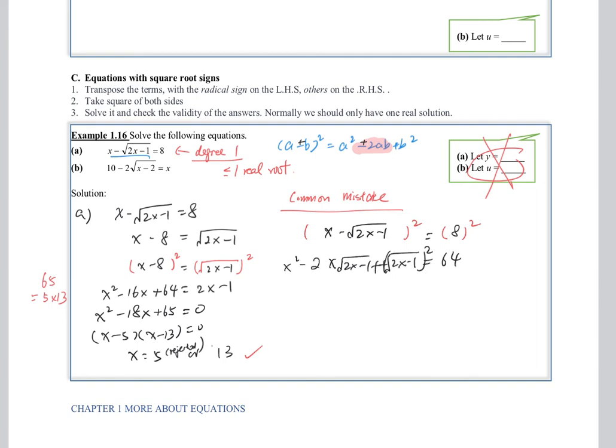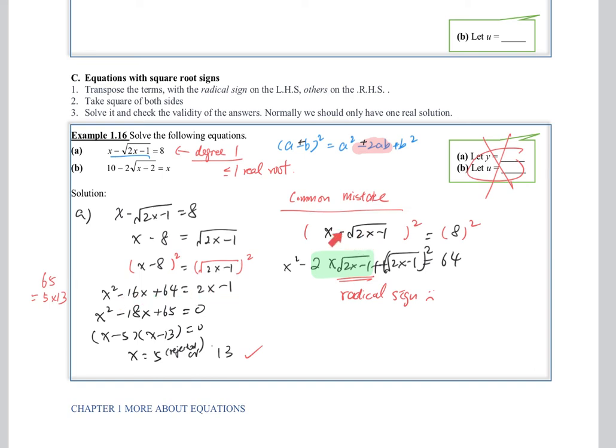So why is this method not good? You see here, we still got the square root sign. The radical sign is still here. So we haven't solved the problem. The way to solve the problem is we have to move away the square root sign, right? So we can take it away, and after we take the square on both sides, the square root should be gone.